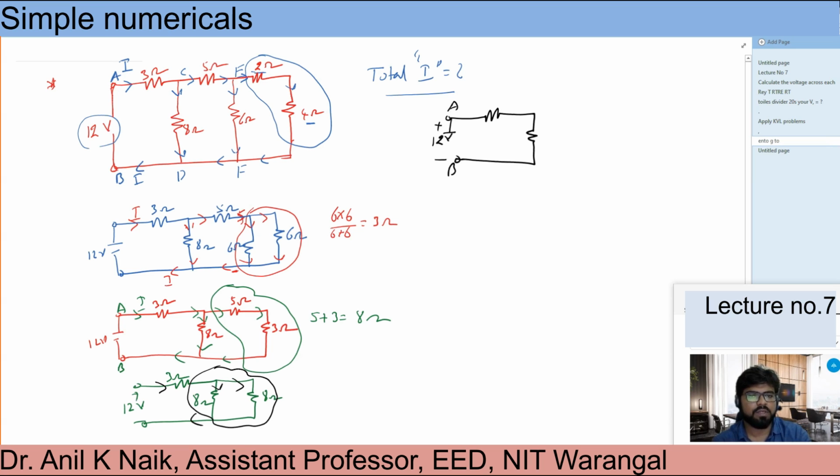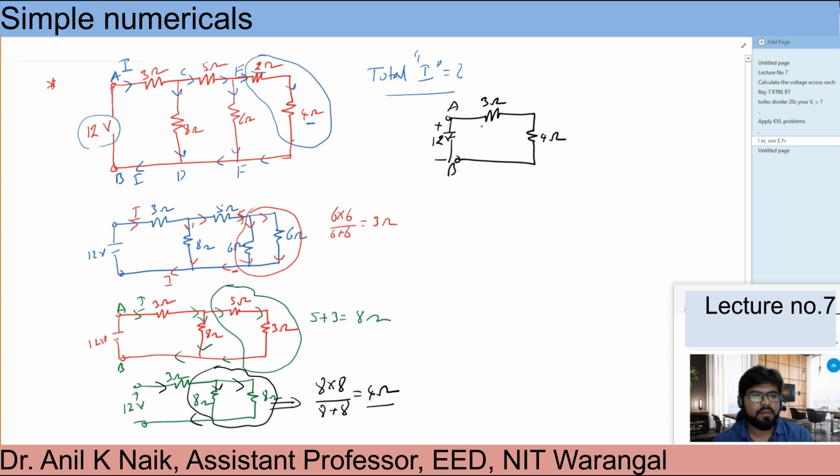This is the voltage source here, and this is 3 ohms. And what about this one? This has been replaced. So what is this? This is 8 into 8 by 8 plus 8. So you are going to get 4 ohms.